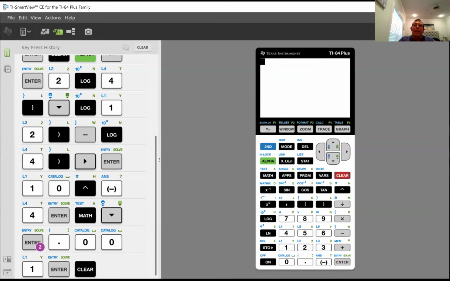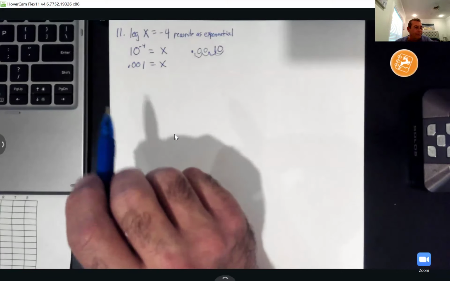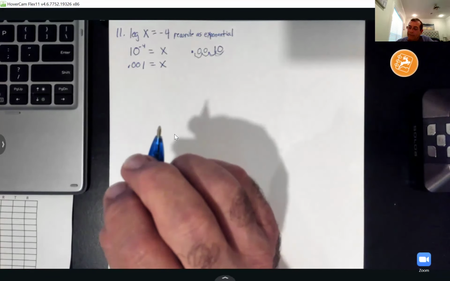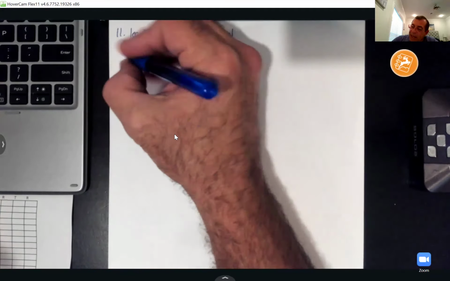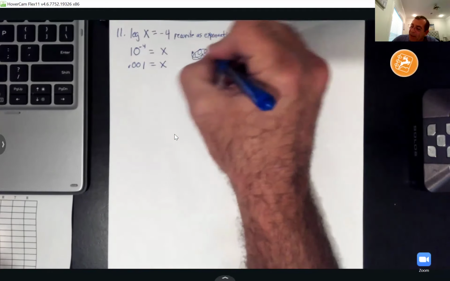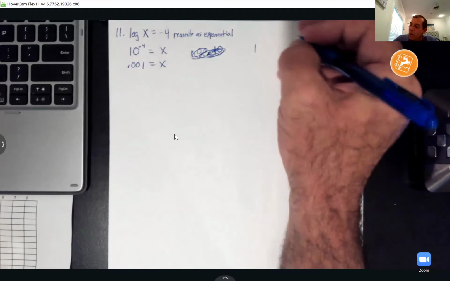Because I don't think MathLab will take it as 10 to the -4th. I can't remember. Oh, I think I need to move it left one more time. I think you start with 1. My bad. Because this is like 1 times 10 to the 4th.